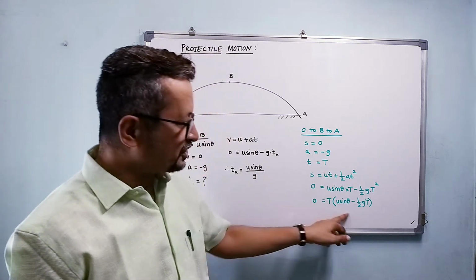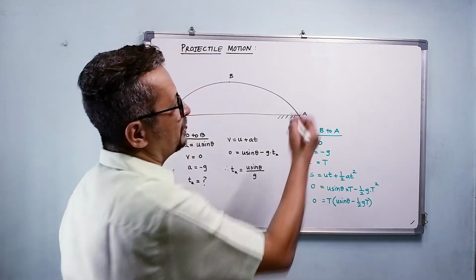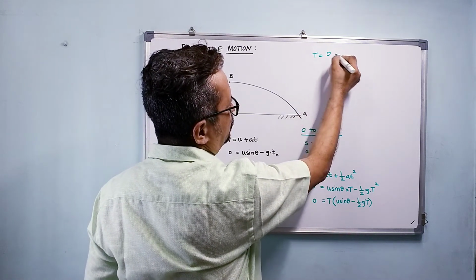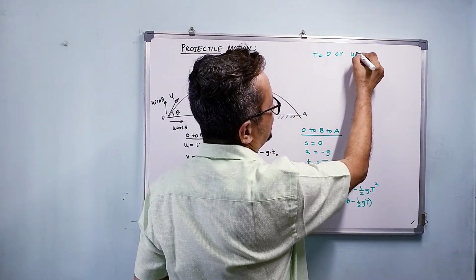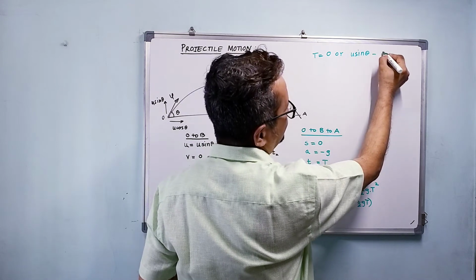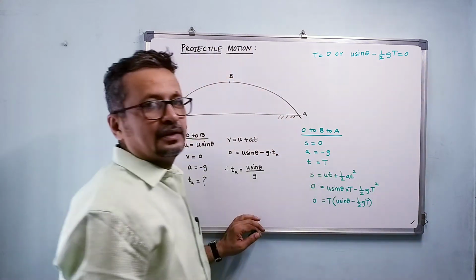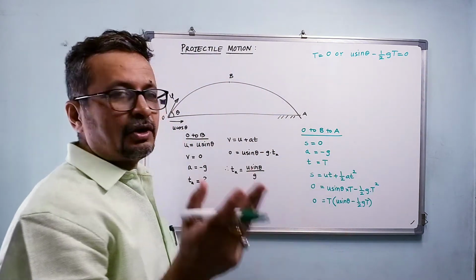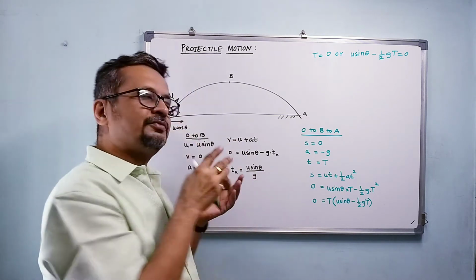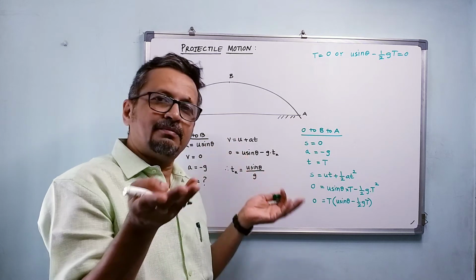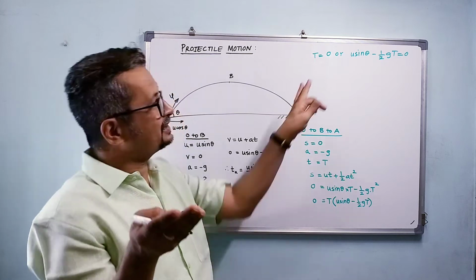Now if you look at this equation, it will be satisfied when either my t is equal to 0 or this bracket is 0, or u sine theta minus half gt equal to 0. Now that makes perfect sense, right? Because at t is equal to 0, I am here, and at the point of starting, my displacement is 0, vertical displacement is 0, so that is quite logical. So this is all right.